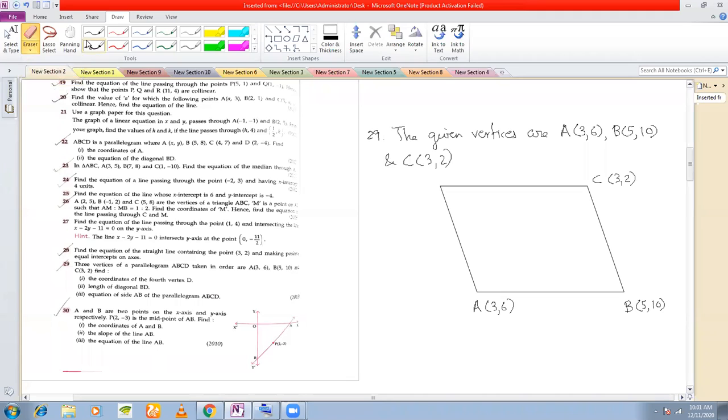This kind of a problem I have already done. So still, let's take the coordinates of D to be x1, y1. Or you can take AB also, no problem. Let's take AB.